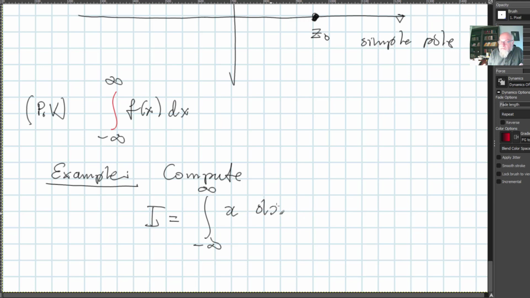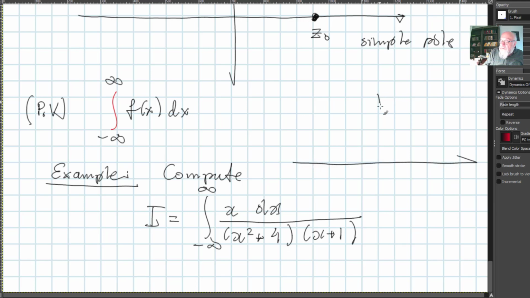Now you can see immediately that here we have three singular points. Let me show you. This is the real axis. The first one is 2i, then minus 2i, but there's also this point, minus 1. This is the point which is singular, and it is on the real axis.